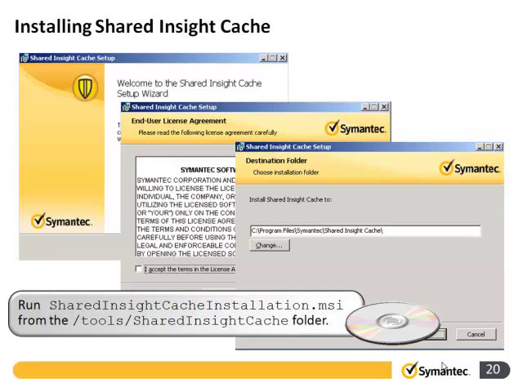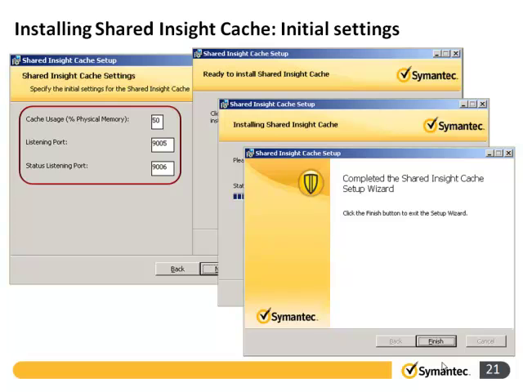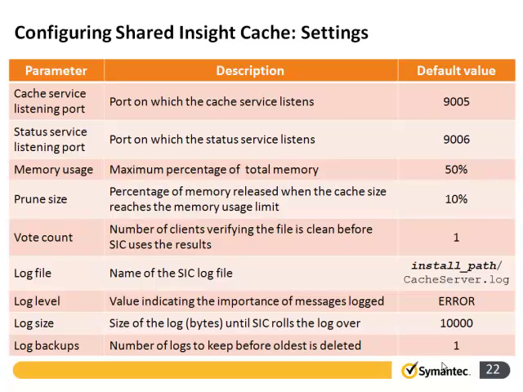Installing it, we need to run the Shared Insight Cache installation MSI from the Shared Insight Cache folder. There are some default initial settings relating to ports, and we can see the default values of the parameters and settings here.